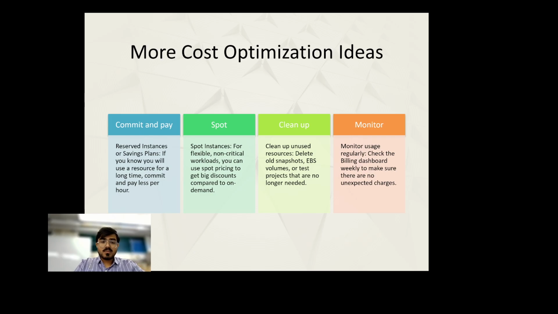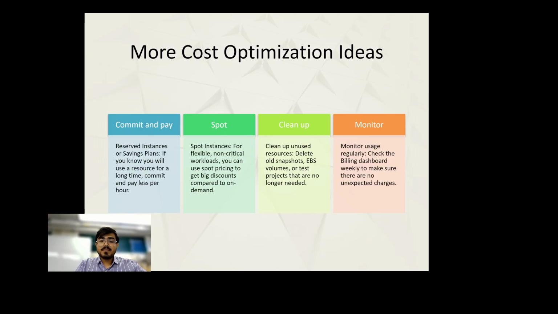So next are some more cost optimization ideas. Here are some more ideas for saving. First one, reserved instances or savings plans. If you know you will use something for a year, you can pay less per hour by committing. Second one, spot instances for flexible jobs.